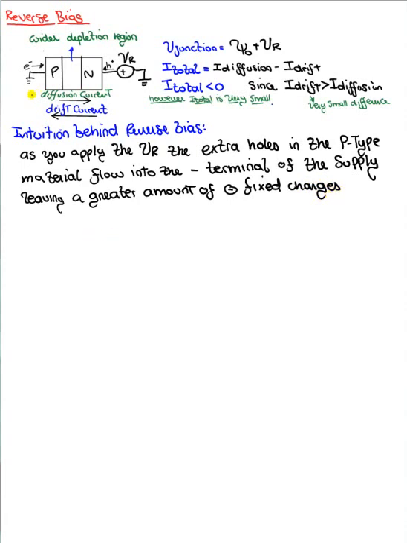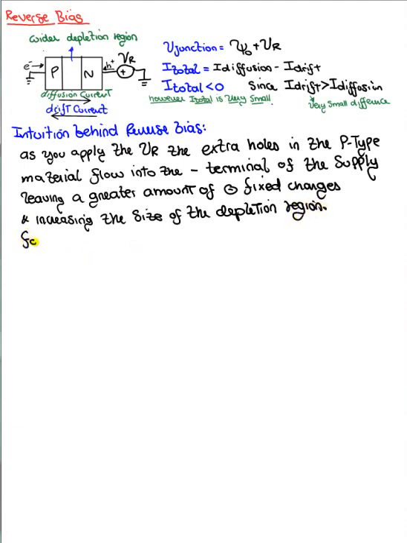So as you can see, the holes in the p-type material that are free to move go over to ground, uncovering and leaving other fixed charges behind, which makes the width of the depletion region on the p side increase, right? Okay.